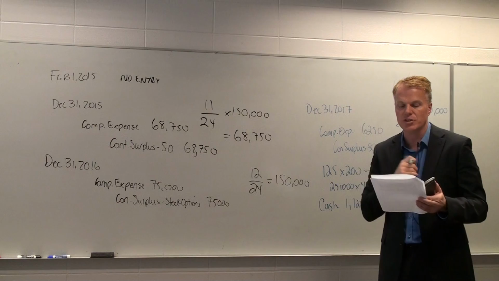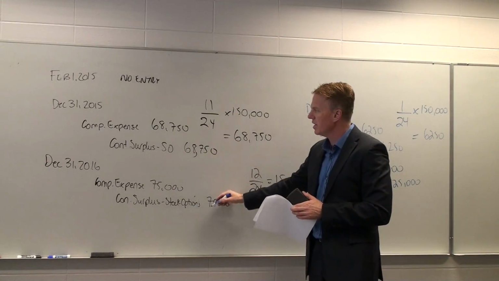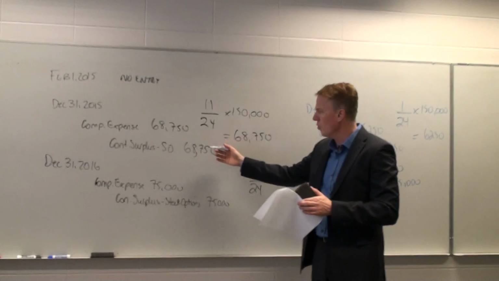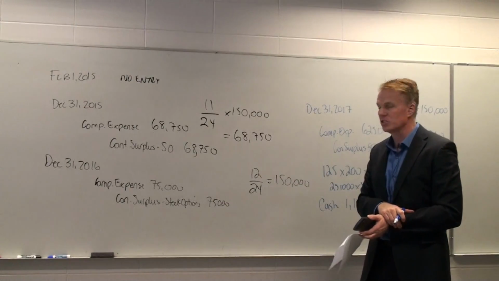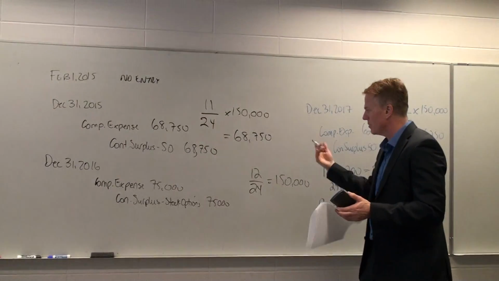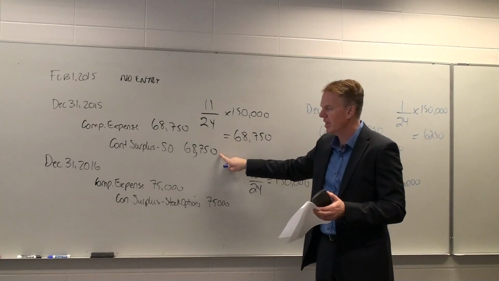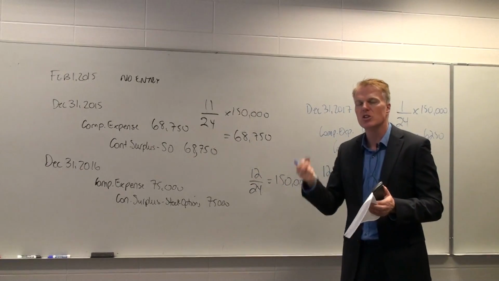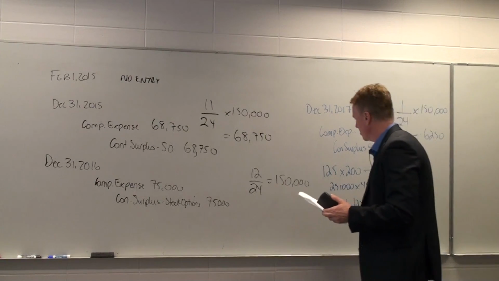Now, what do we have to do? Well, if you take a look here, we've created a contributed surplus stock option account. And over those 24 months, we've got $150,000 into that account. Now, because some of these options are being exercised, we need to reduce this account and attribute that money to our common share value. So how do we do that calculation?